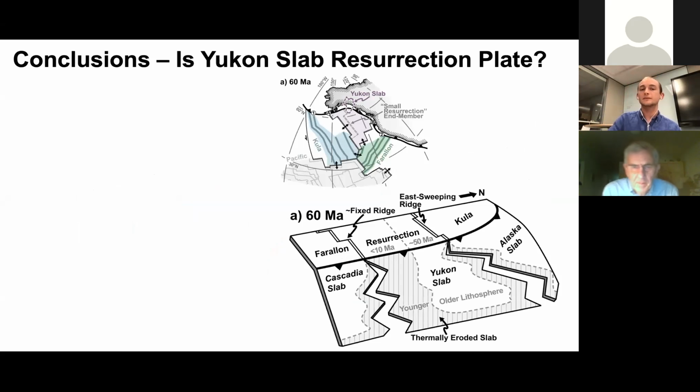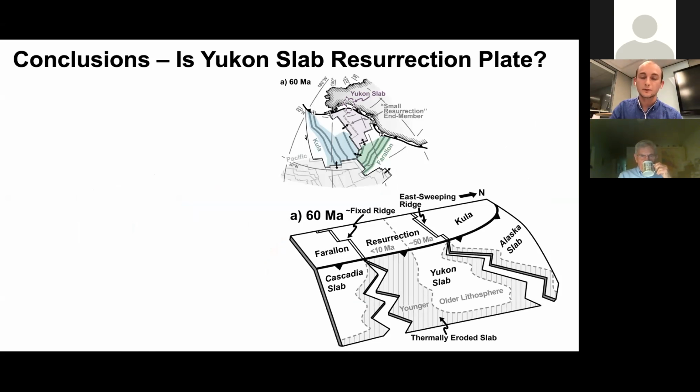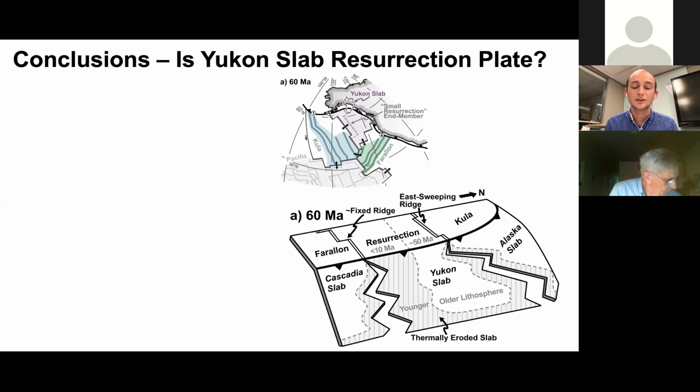So then, wrapping everything together here, and going back to that question about the Yukon slab and its significance with respect to the tectonics of Western North America, our interpretation, which we think is a fairly straightforward interpretation of our slab unfolding results, is that the Yukon slab represents a fragment of the resurrection plate, and more specifically, a fragment of the western half of the resurrection plate, which is predicted to be significantly older than the eastern half of the resurrection plate.